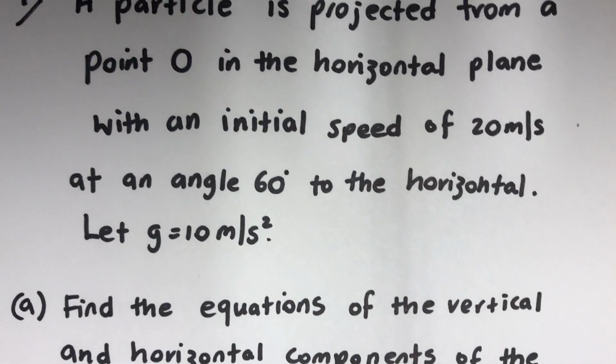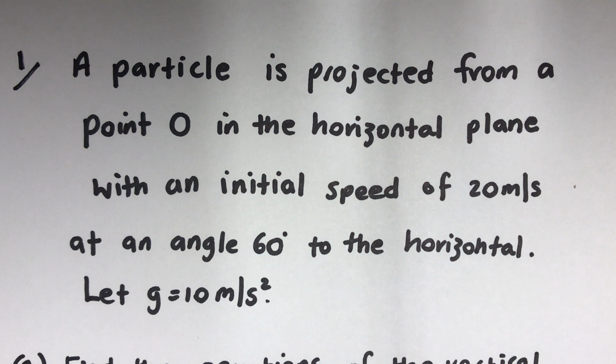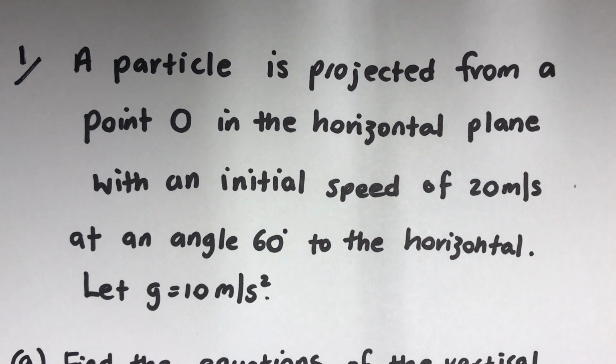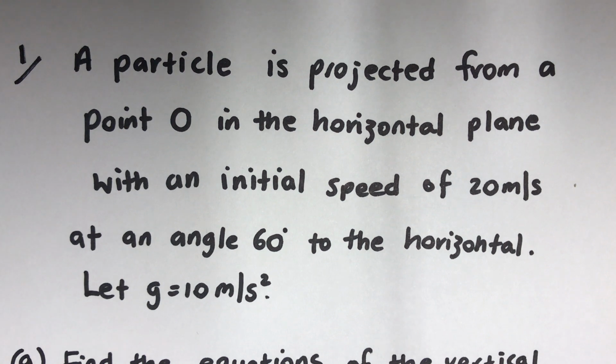The particle is projected from a point O in the horizontal plane with an initial speed of 20 meters per second at an angle of 60 degrees to the horizontal.